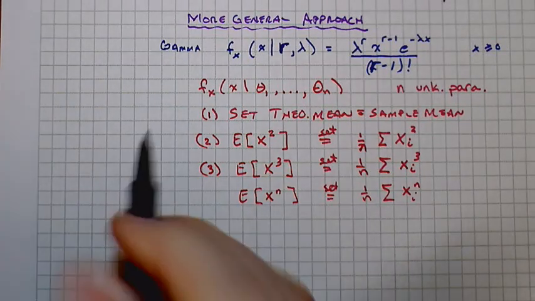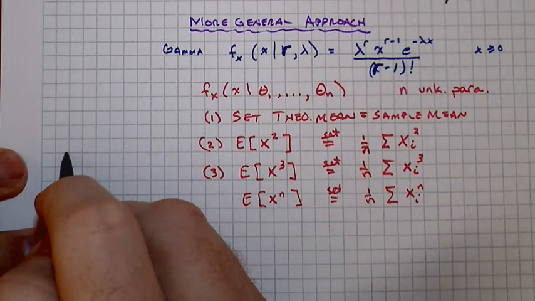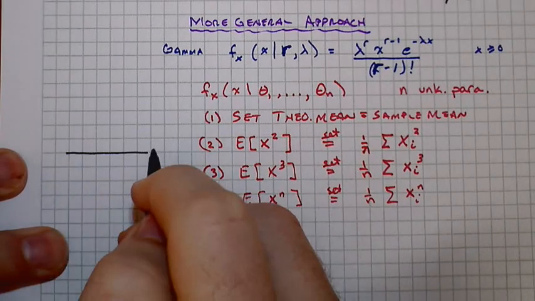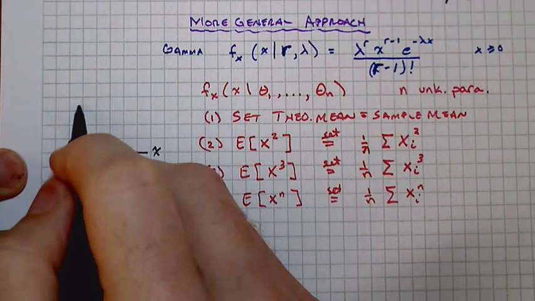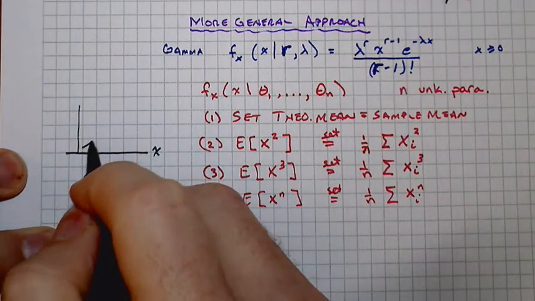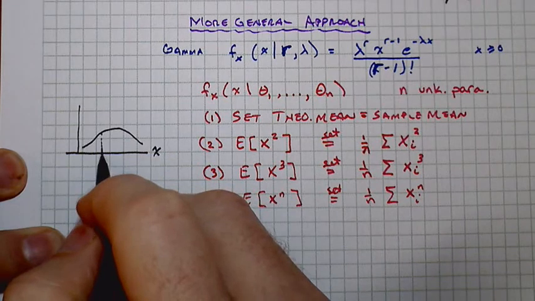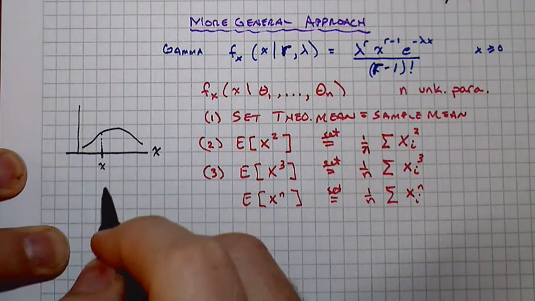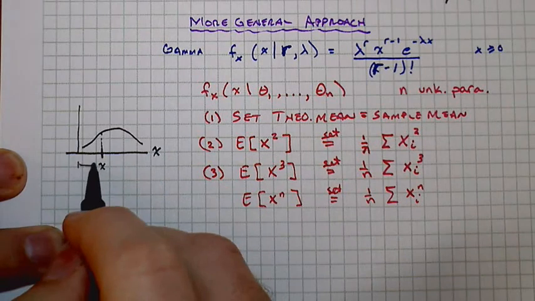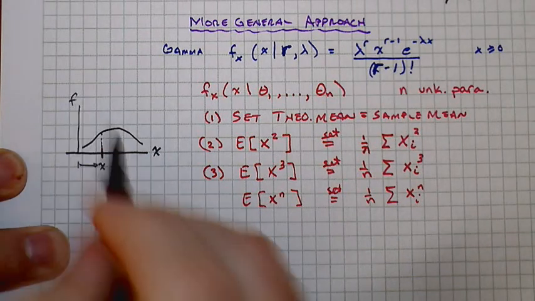Let's look at some sort of generic distribution here, and here's a specific x value. We're plotting the distribution here.